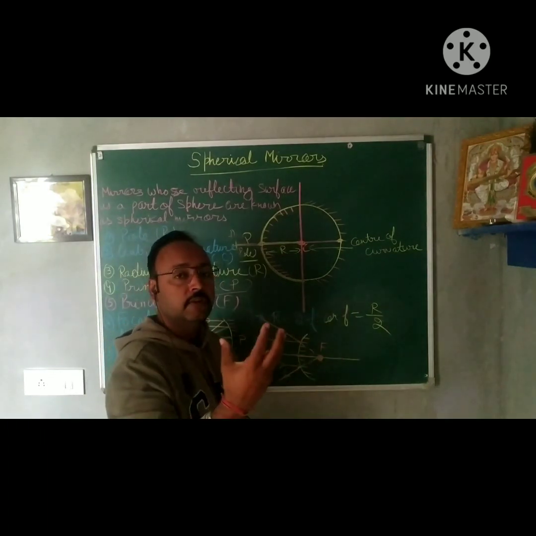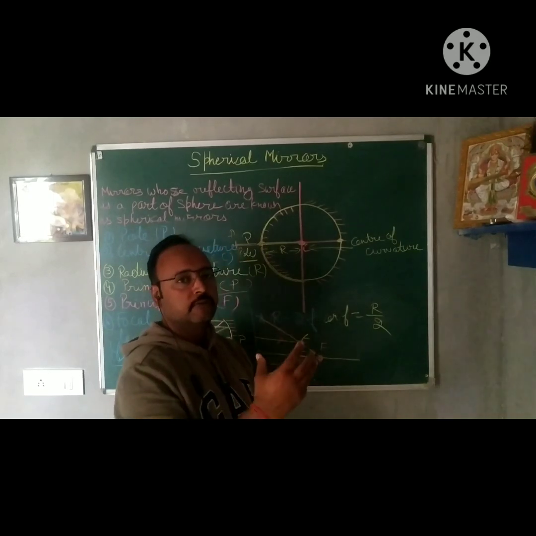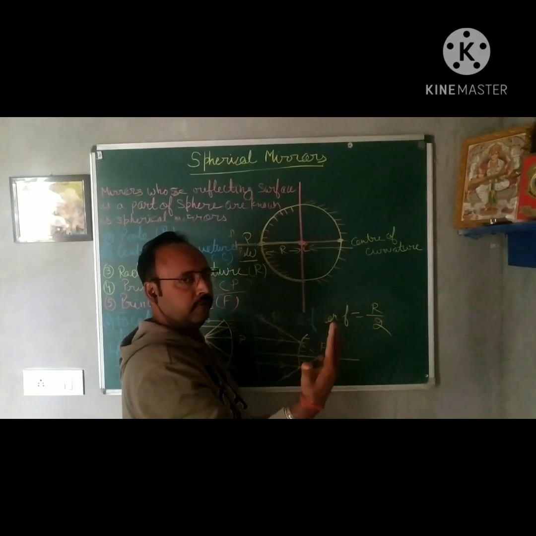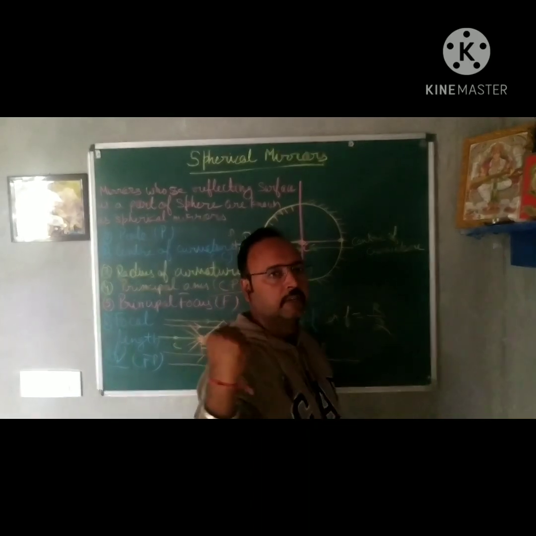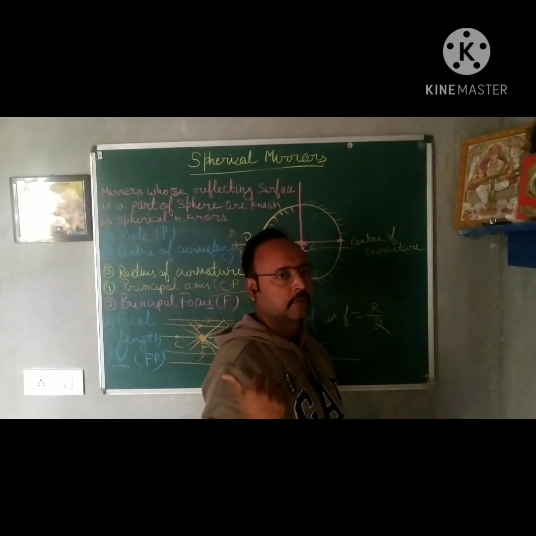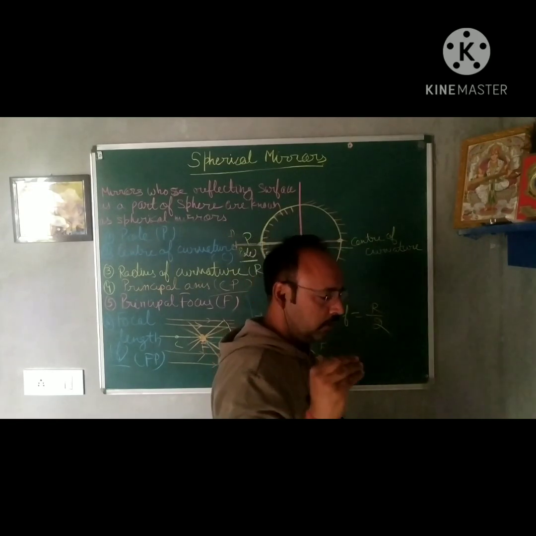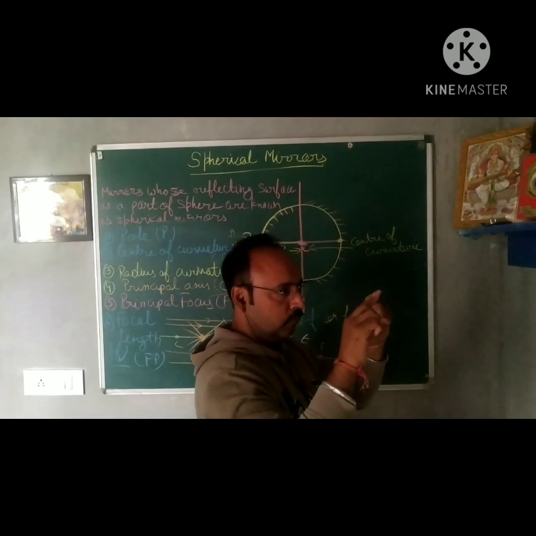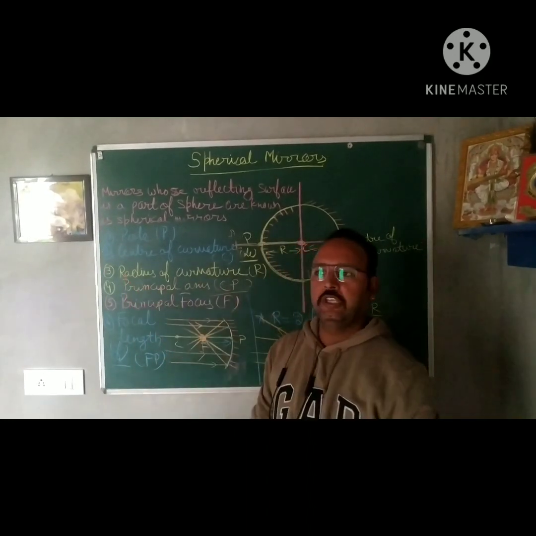Convex mirror is very commonly used as the rear view mirror of vehicles. In vehicles you might have seen the side rear view mirror, in which, while driving, the driver is able to see the traffic at the back. But have you observed that it is very small in size but covers a very huge area?